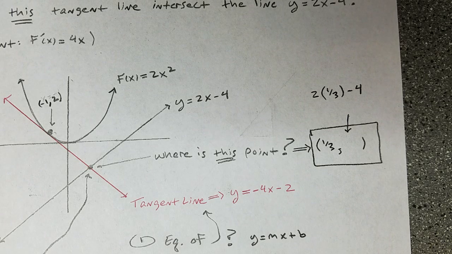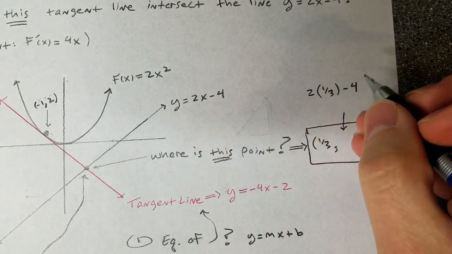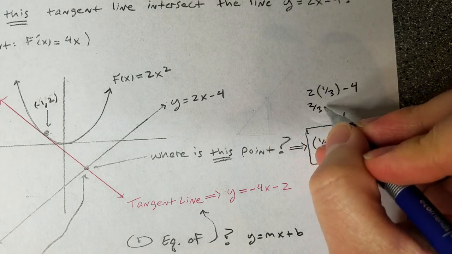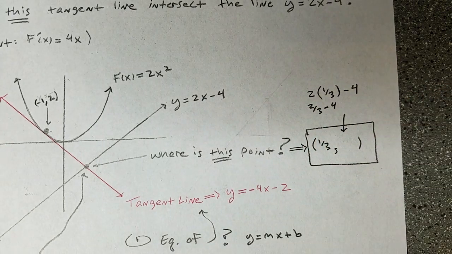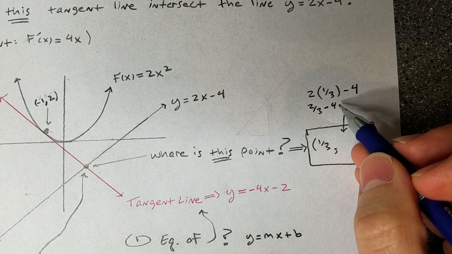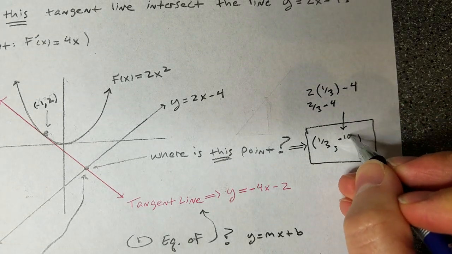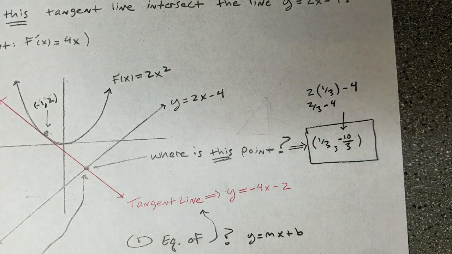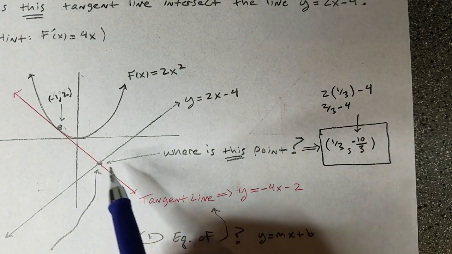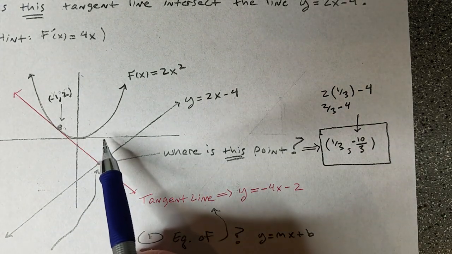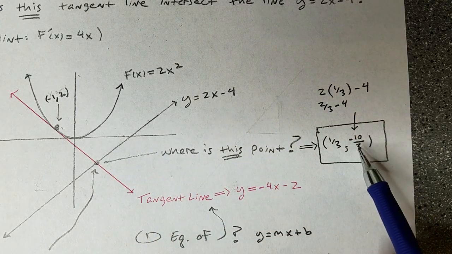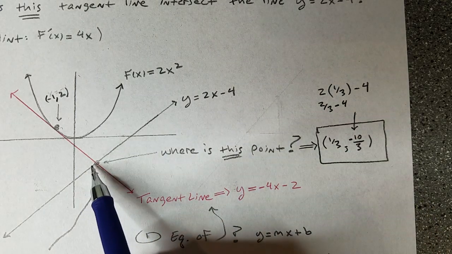All right, that's how it's going to work. So this is going to be 2/3 minus 4. So that's going to be 2/3 minus 12/3. So I'll get negative 10/3. All right. So that point, it turns out, where is it? It's right 1/3. It's down 10/3. And we've got it.